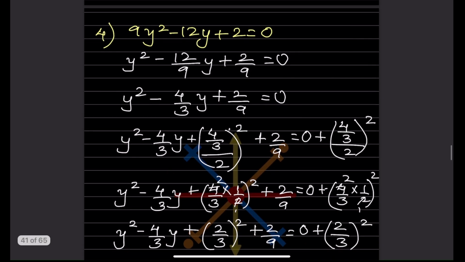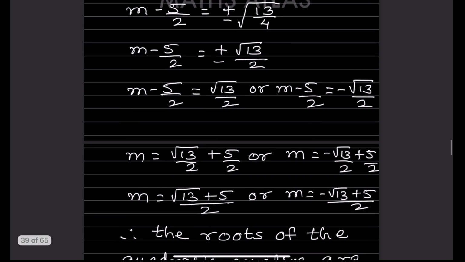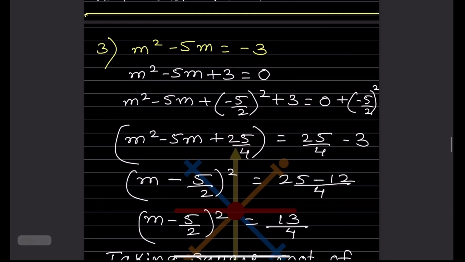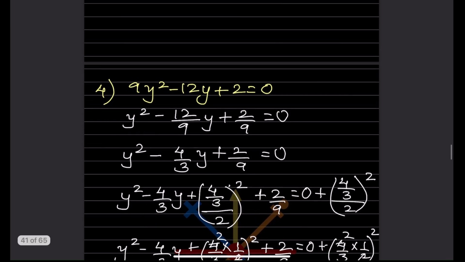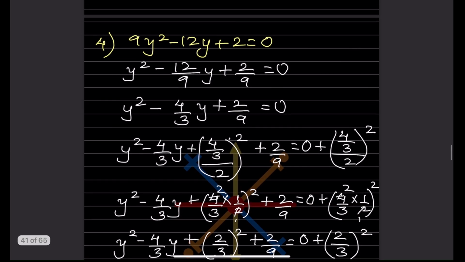Now let us see this one. In the previous one, what have you seen? The coefficient everywhere was 1. Now you can see the coefficient here, and this is in y square. Only the variable has been changed. This is 9. Whenever the coefficient of y square, that is a in ax square, is other than 1, what will you do?